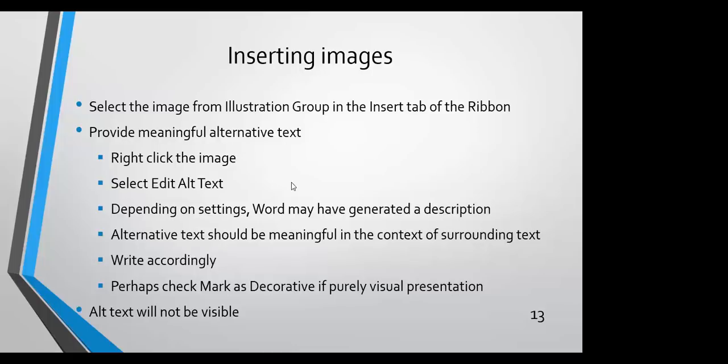Now, I've said depending on settings, but again, this specifically applies to Office 365. In Office 365, if you're connected to the internet and you've turned the feature on, it will automatically provide a description of the image. As you will see, it won't be terribly accurate, but at least it gives me as a blind user some idea about what the picture is, and it's a start.